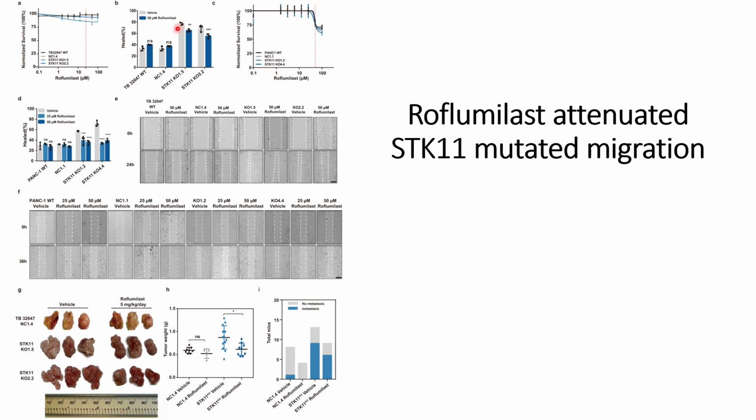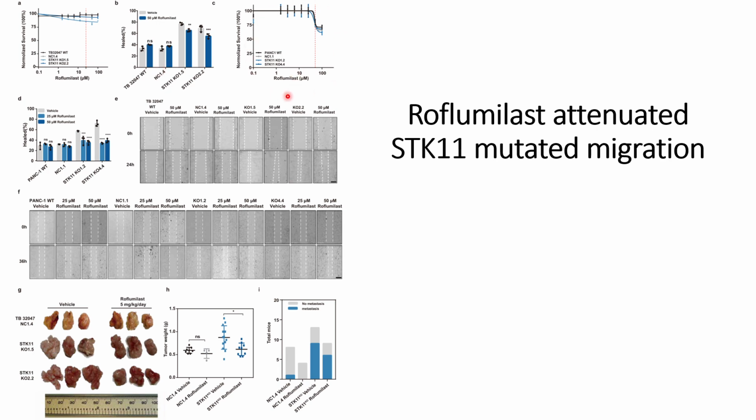However, when they check the migrations, in the case of STK11 knockouts, both the colonies are reduced by an amount that is statistically significant when the cells are treated with 50 micromolar Roflumilast, whereas in the case of control we do not see any change in the migrations.